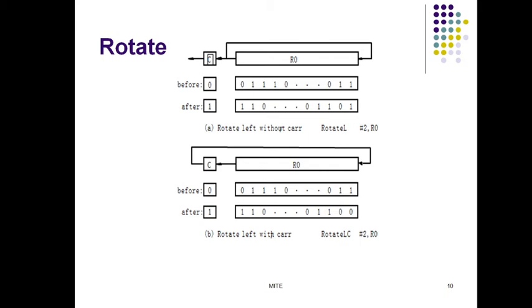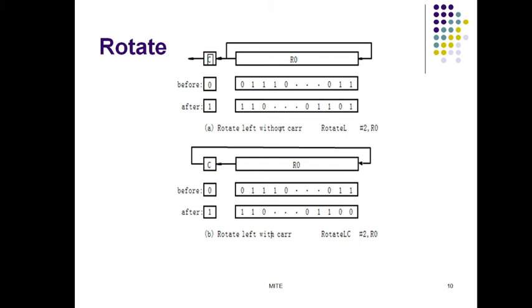If I do not want to lose those bits, I can use rotate instructions. They move the bits that are shifted out of one end of the operand back into the other end. It is the same as shift, but the bits will not be lost, they will be returned to the same operand through the other end.